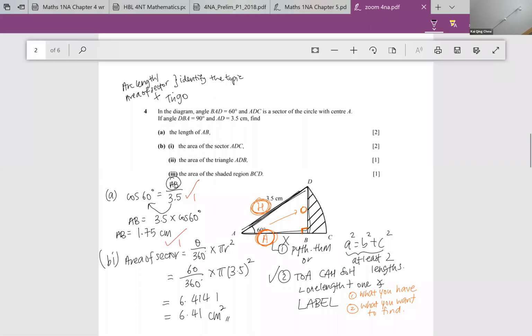Let me just check again. Okay. So again, 2 marks. As long as you give me the formula with the correct numbers inside, final answer 1 mark.